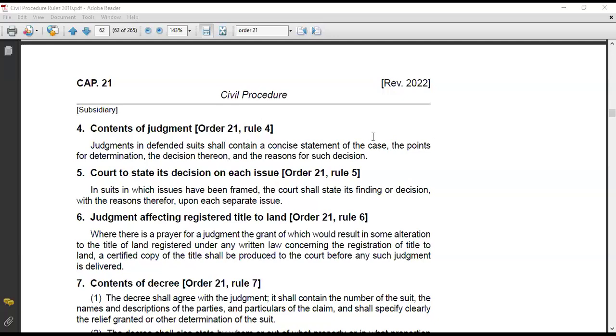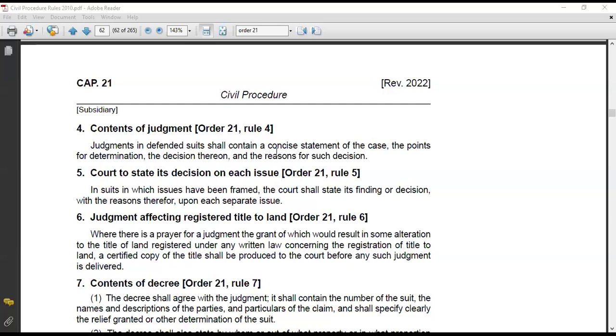So then he applied for review. After he reviewed, then on 4th November 2021, the trial magistrate dismissed the application for review. So Peterson, the judgment and review went against him.